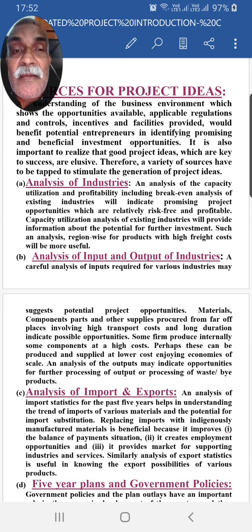So, if we analyze the capacity utilization, and if the existing industry is under capacity utilization or over capacity utilization, it means there are opportunities. So capacity utilization analysis of the existing industry will tell you about the potential for further investment.